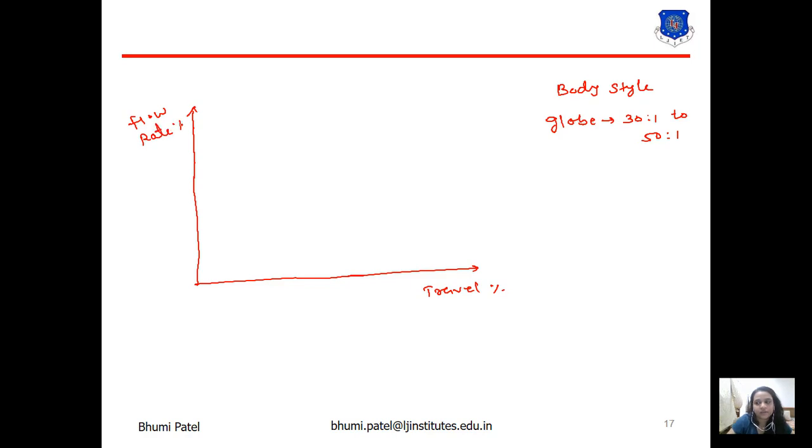Now how can we decide the rangeability of the different valves? So this is the general graph of the rangeability. In the rangeability graph, we draw travel percentage versus flow rate percentage.